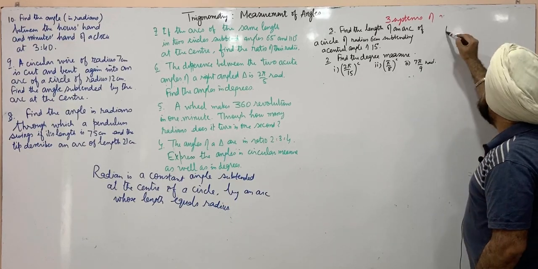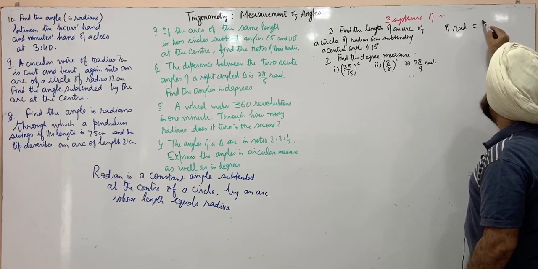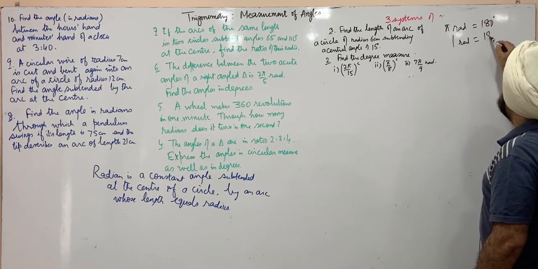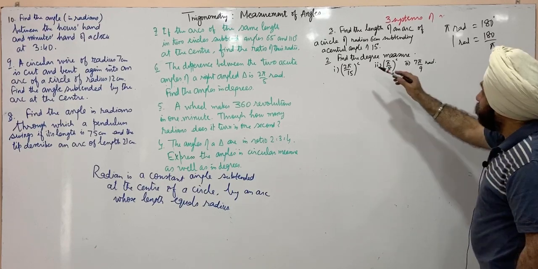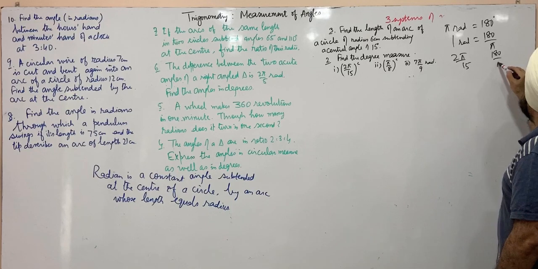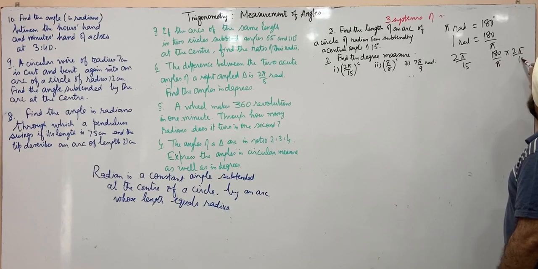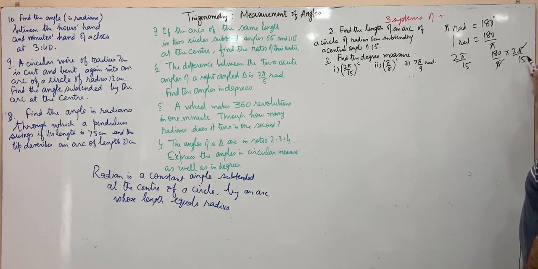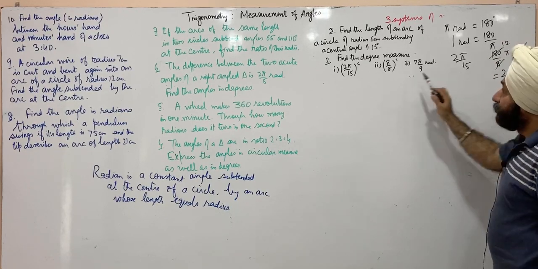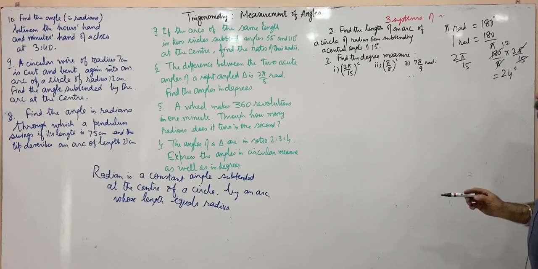We write pi radians is 180 degrees. 1 radian is 180 upon pi, and 2 pi by 15 will be 180 upon pi into 2 pi by 15. Pi will cancel out. This is 24 degrees.